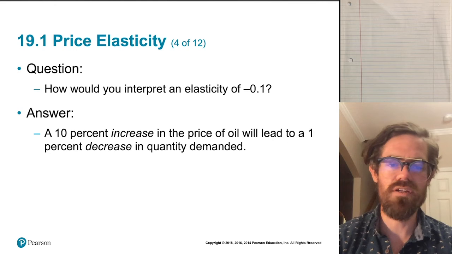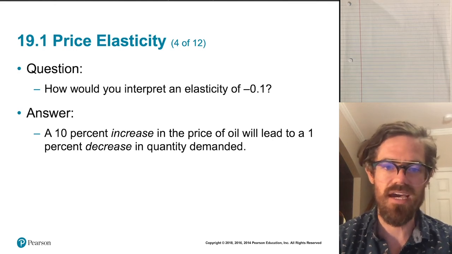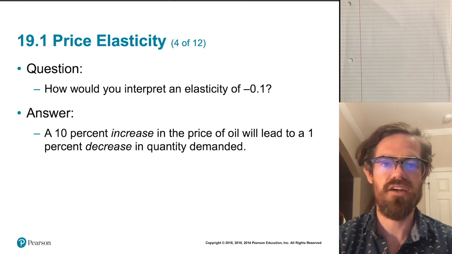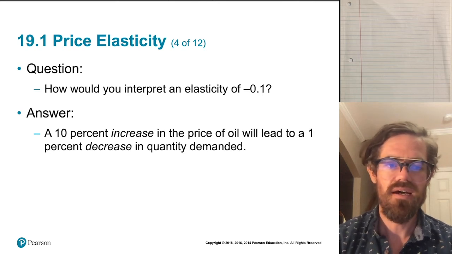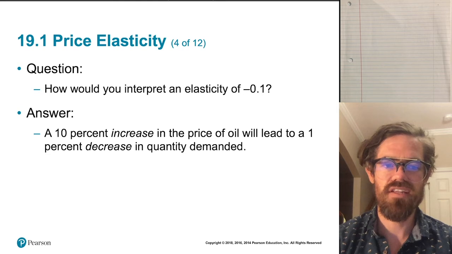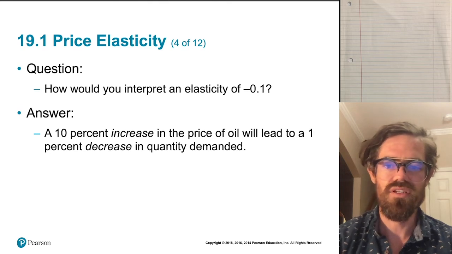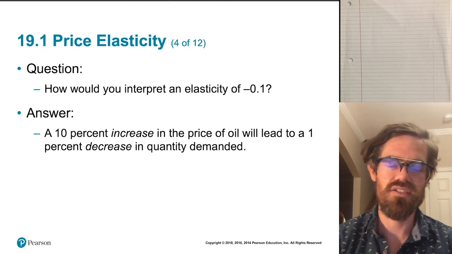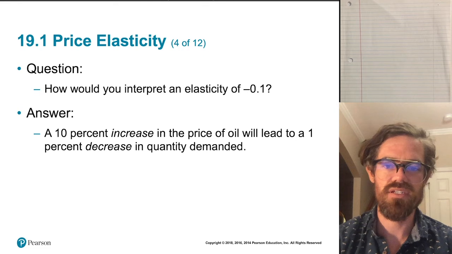So you're probably thinking, well, what is that number telling us? What does it mean? How do I interpret an elasticity of negative 0.1? Well, you can basically think of it like this. It means that a 10% increase in the price of oil, let's say, would lead to a 1% decrease in the quantity demanded. That's basically what it's telling us.